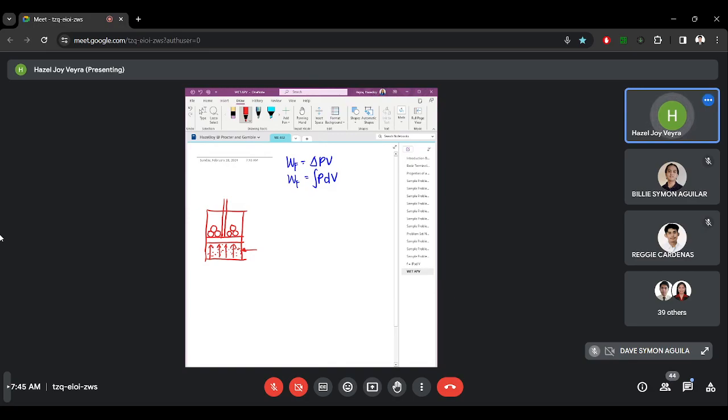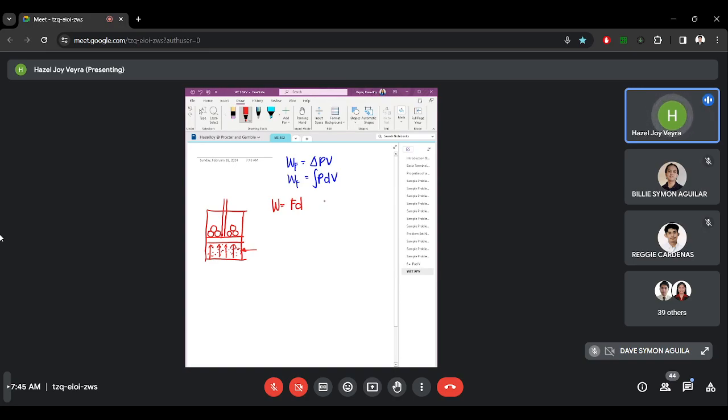So in this portion of the cylinder, we have here the volume of the cylinder. Also, we have here the pressure, since this is being compressed by the piston. So, right, our formula for work is also force times distance.